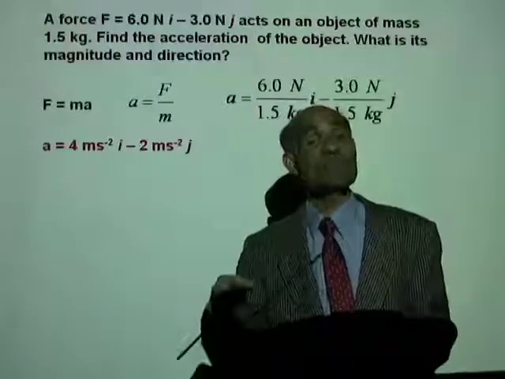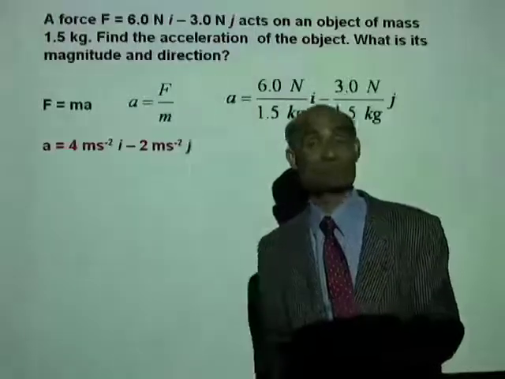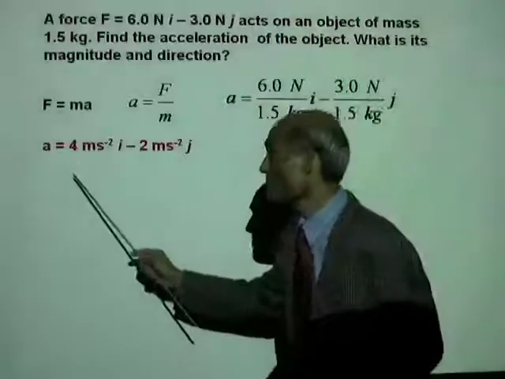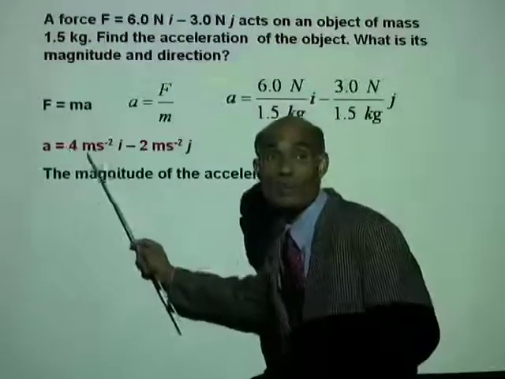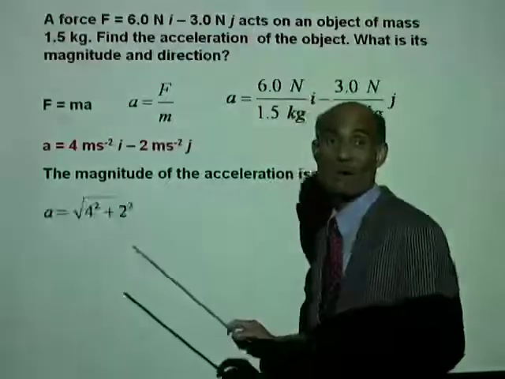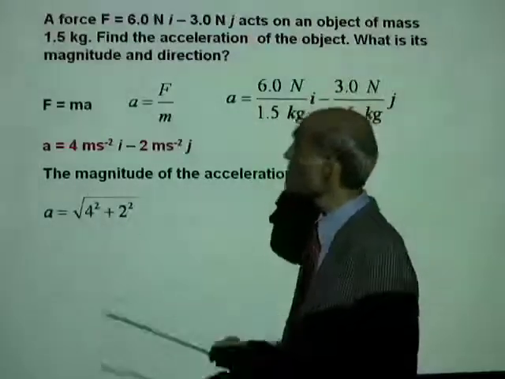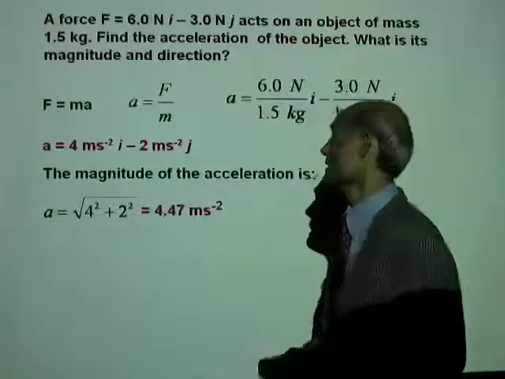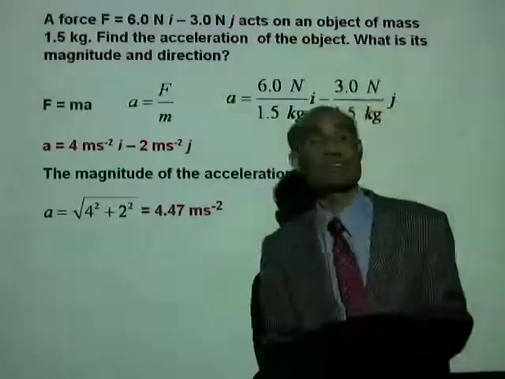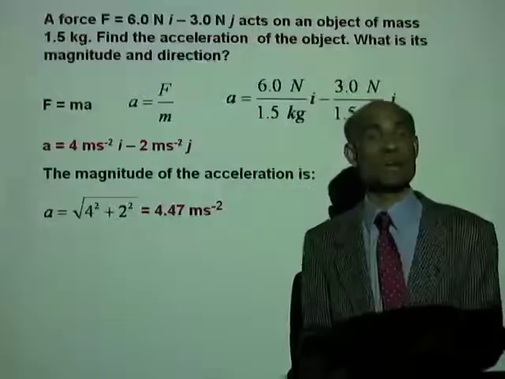How do you write it in the magnitude angle form? Well, the magnitude of the acceleration will be the square root of x squared plus y squared. So A equals the square root of 4 squared plus 2 squared, that is 4.47 meters per second squared.